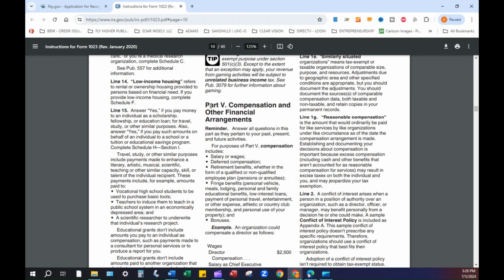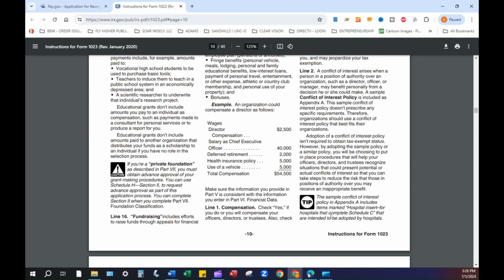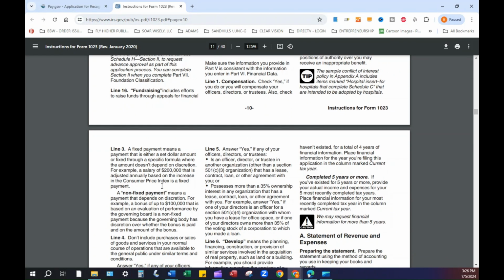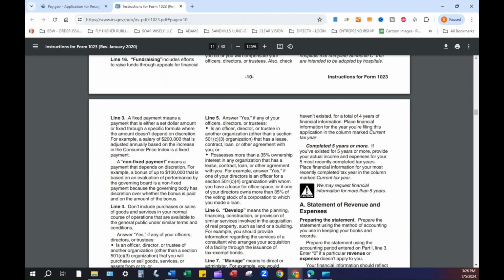See, it takes you straight there, as I mentioned in the previous video, takes you straight to that section where you are. And let's go to line 3 and see the instructions are awesome because they tell you exactly what you need. If you have questions about what exactly is a fixed payment, what do you mean by that? What do you mean by a non-fixed payment? It's telling you. So definitely have your instructions open and be sure to reference them, read them word for word.